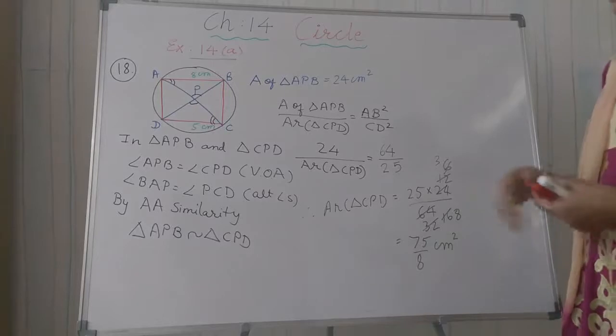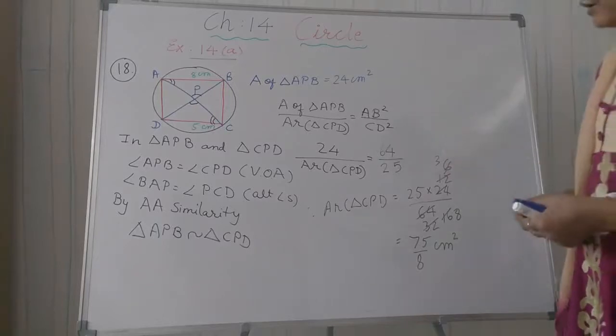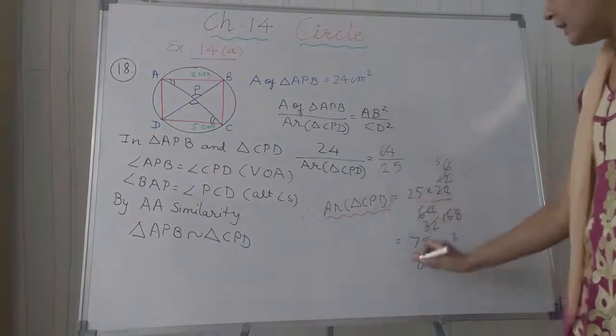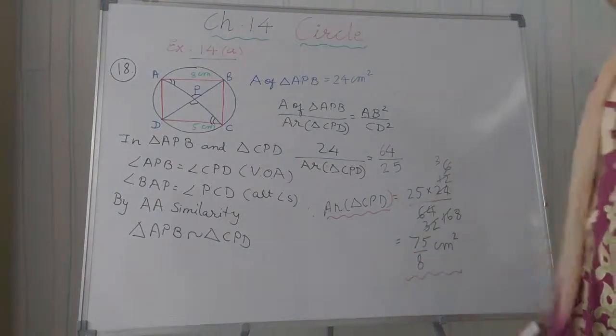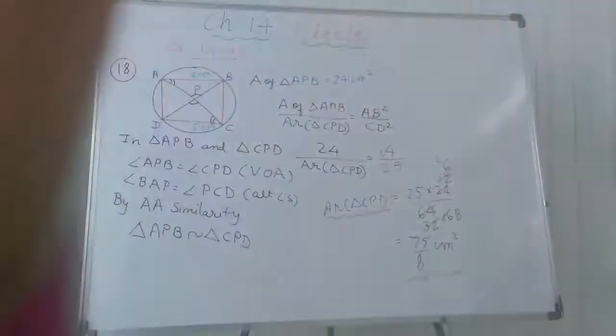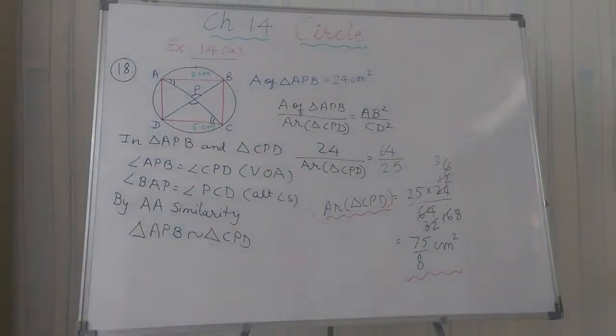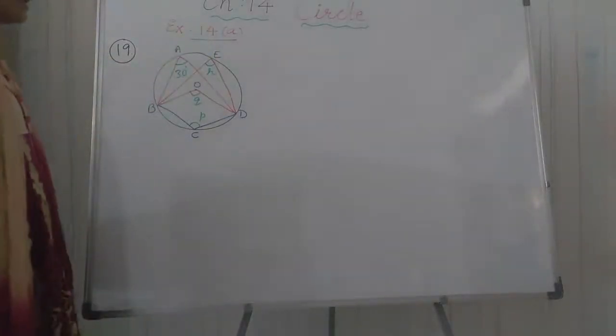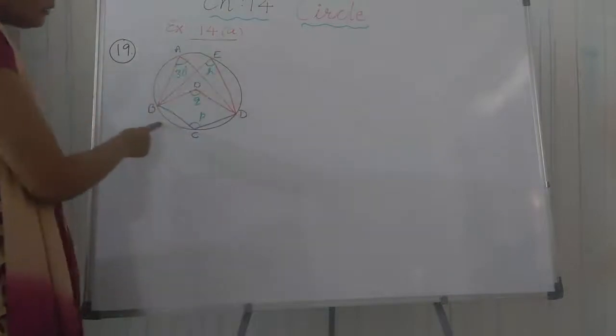So this is your answer to question 18, in which you are asked to find the area of triangle CPD. This way, sometimes, students, to get our answer, we have to use concepts from other chapters. Let us continue. Question number 19, exercise 14A. In this question, this is the circle given.